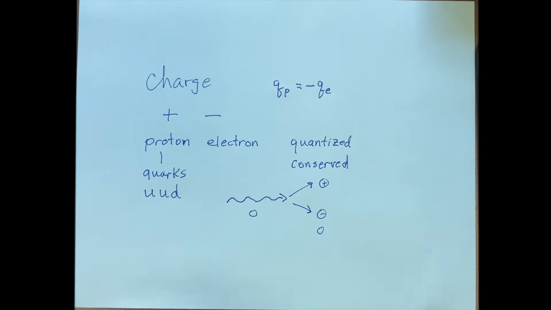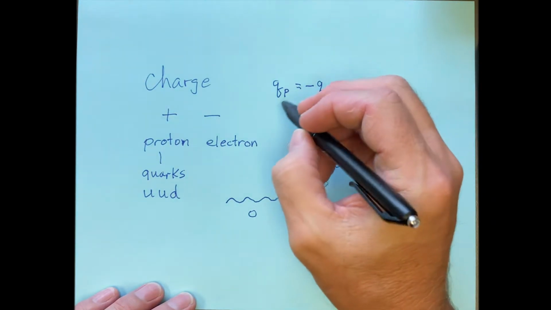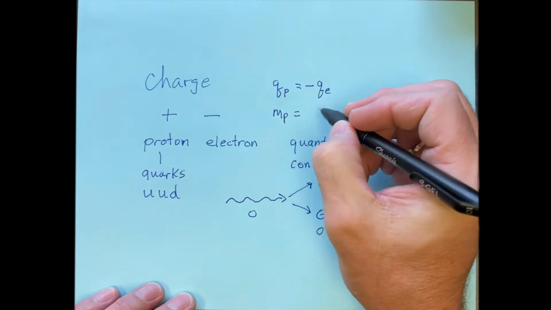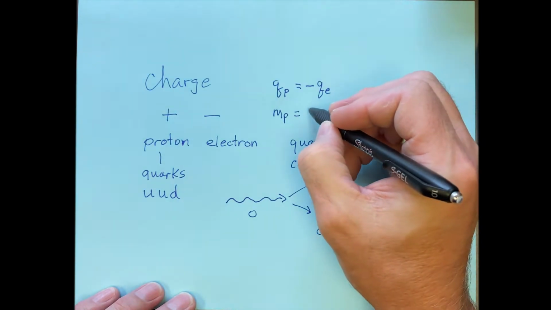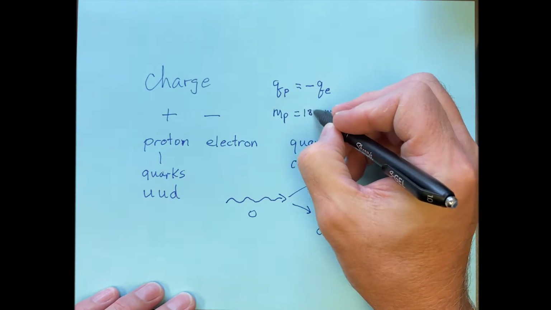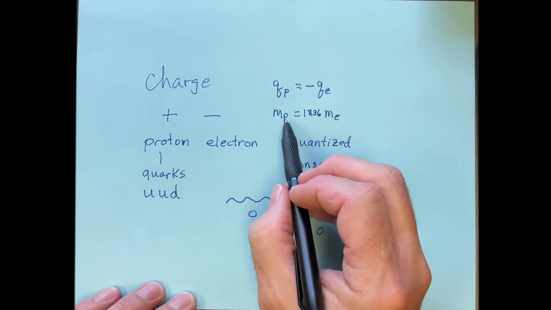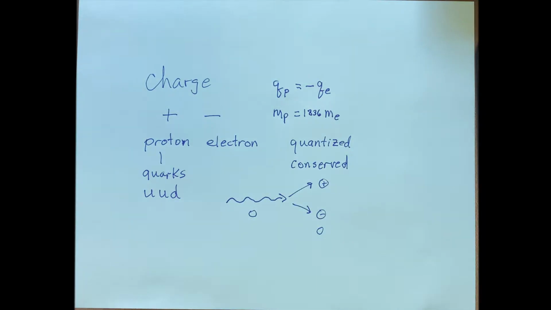Okay? Now, that's true of charge, but when it comes to mass, the mass of the proton is nowhere near the mass of the electron. In fact, it differs by 1836 times. So a proton is 1836 times more massive than an electron.